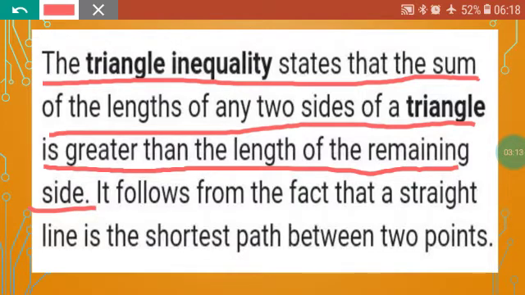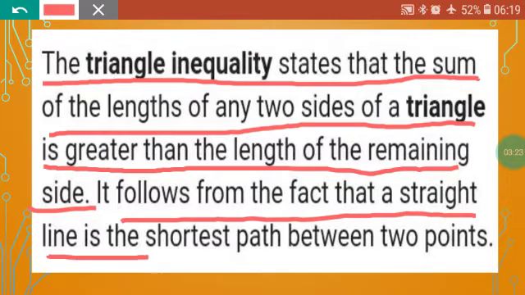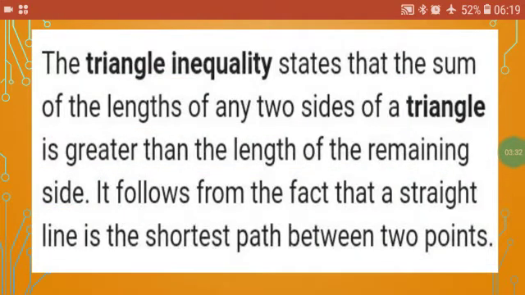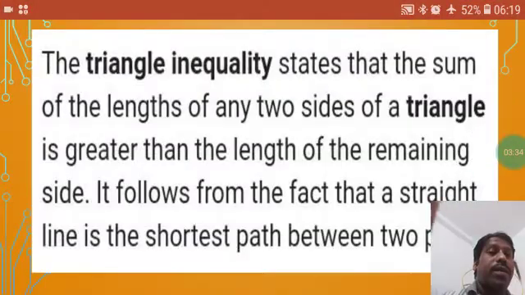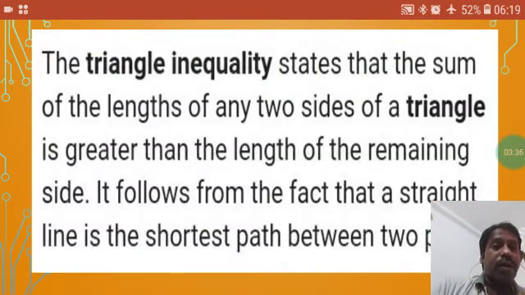If we add two sides, their sum will always be greater than the third side. And the reason is also there: a straight line is the shortest path between two points. Yes, it's true. So today we are going to discuss this property, and one question based on it: in a quadrilateral, how can we use this inequality?